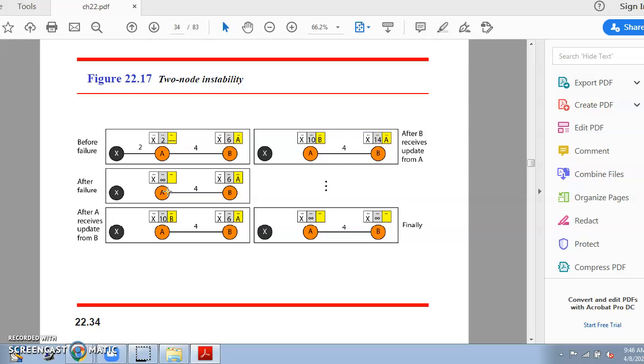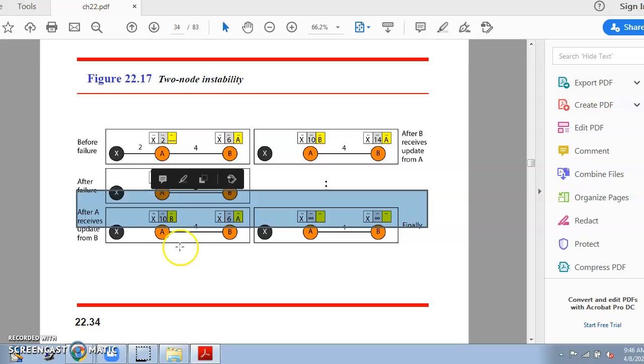Let's suppose the link is down between X and A. Immediately A knows that the link is down, so there is no path to hand over the packet to X. To reach X we have to pay an infinity cost, meaning there is no path, and the next hop is still dash because it was directly connected.